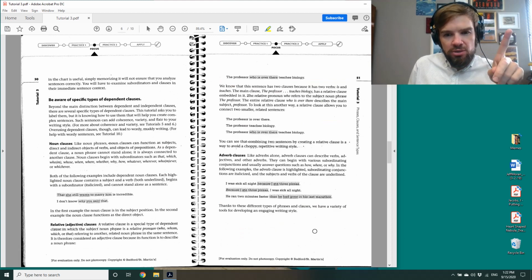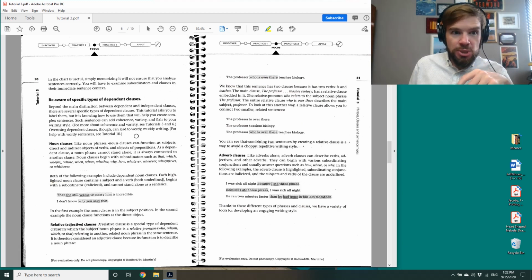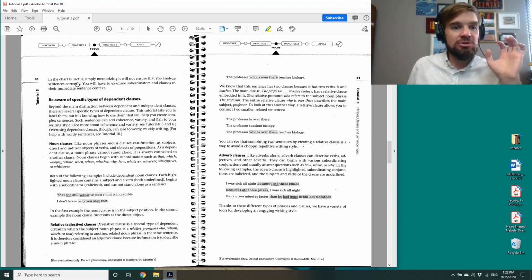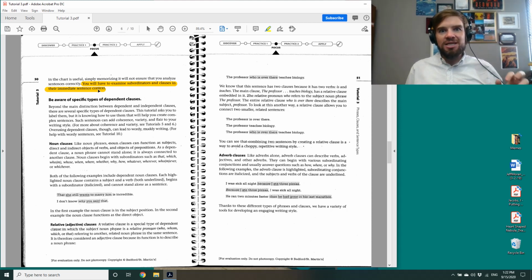In short, while the list in the chart is useful, simply memorizing it will not ensure that you analyze sentences correctly. You will have to examine subordinators and clauses in their immediate sentence context, right? And by now you all probably already know this. Context, context, context. That's the way grammar really starts to make sense, in context.